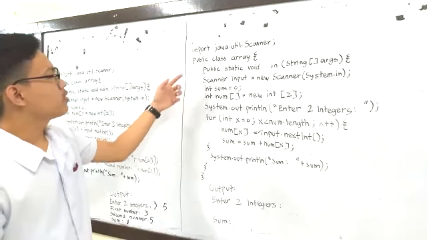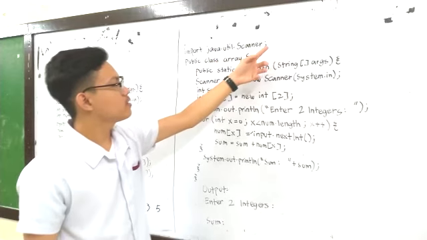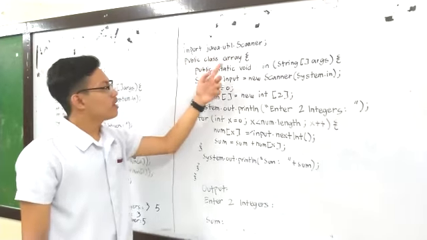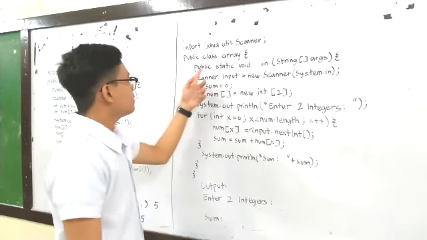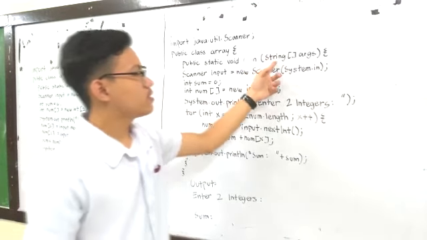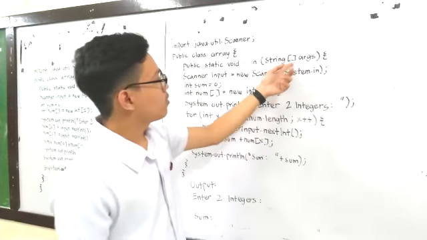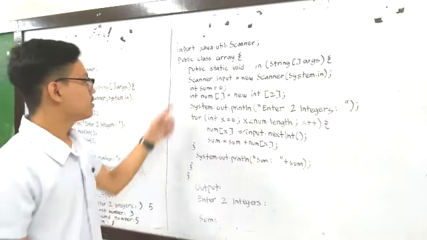Para naman sa short method natin, type lang natin, import java.util.Scanner, semicolon, public class Array, yung file name, then open curly braces, then public static void main, open parenthesis, String, then open and close bracket, args, close parenthesis, then open curly braces.